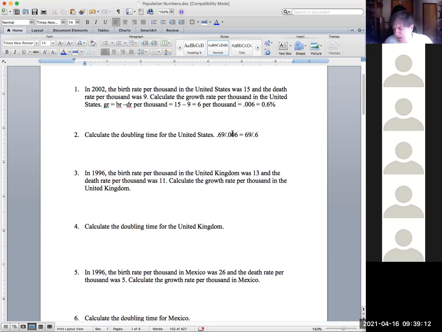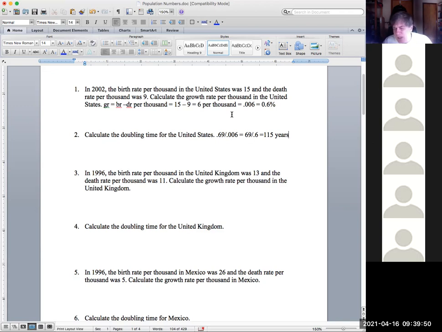So you could take 69 divided by 0.6. So if we do this, we come out with about 115 years. Now, notice, why is this years? Because this is the rate that we're working with for people unless it tells us something different. And we'll actually look at a problem in a little bit that gives us a different unit of time. So this would be 115 years.